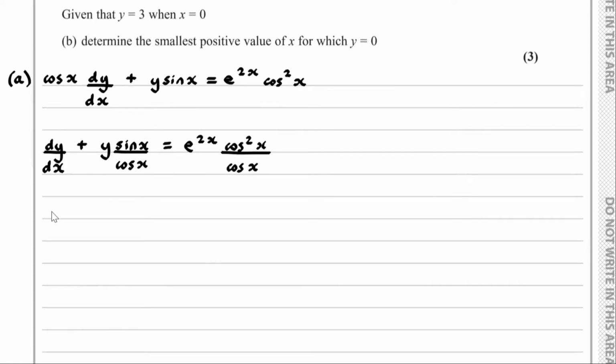And so we have dy over dx plus y times tan x equals e^(2x) times cos x. And what we can now do then is recognize that to solve this differential equation we need to use the integrating factor method.